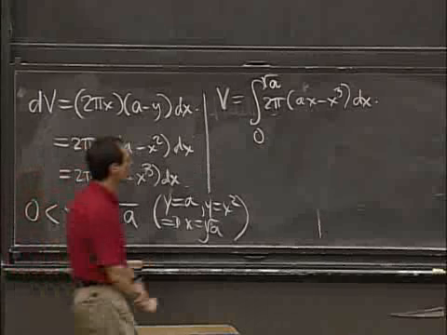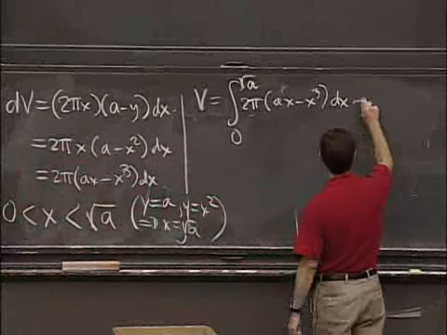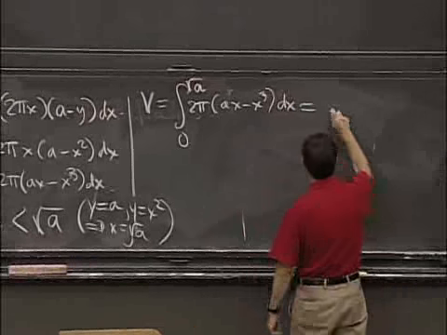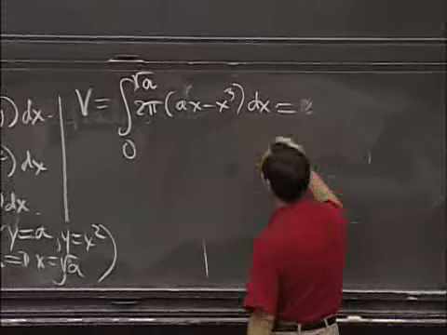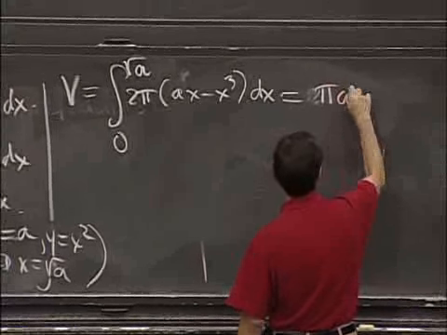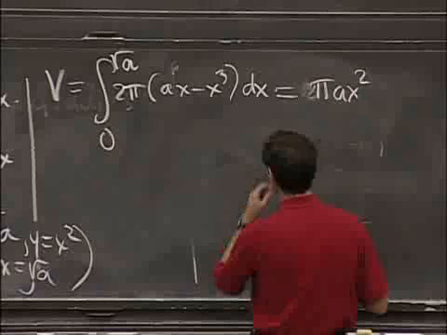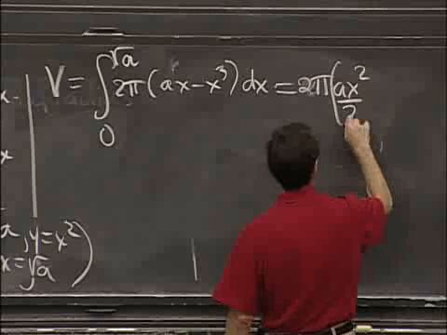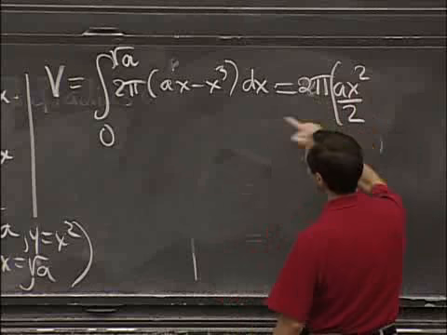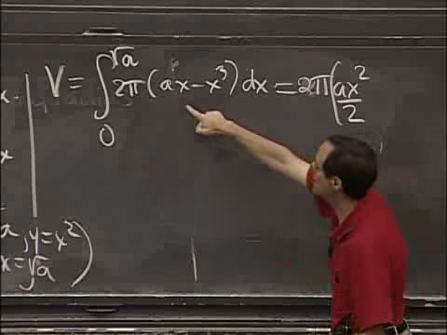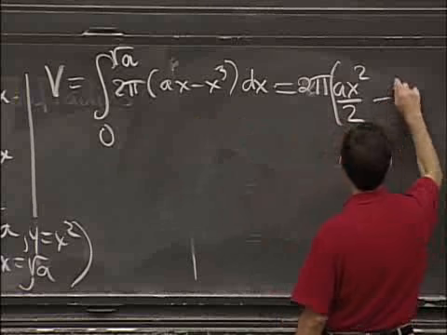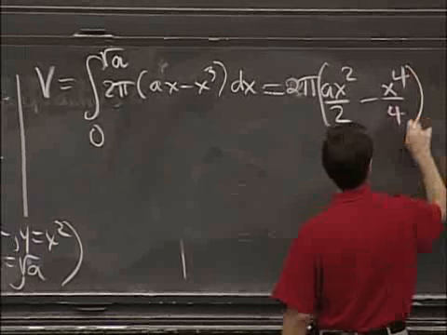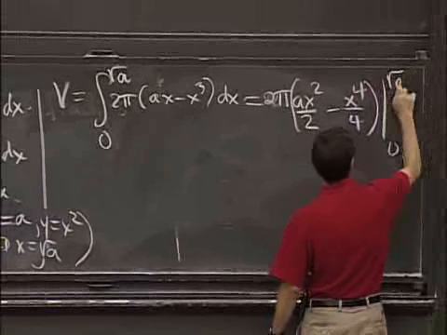And now we're ready to carry out this, to evaluate this integral. So we get 2 pi times the antiderivative of this: ax squared over 2, and then here x to the 4th over 4, evaluated at 0 and square root of a.